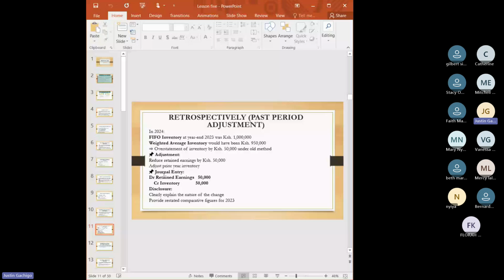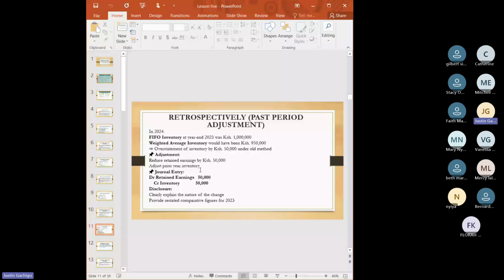Otherwise, it could have gone to P&L, but remember everything from the P&L perspective normally comes to the retained earnings. And that is why we normally say the profit and loss is for the period, and the balance sheet is as at. As at means since the time the company started.